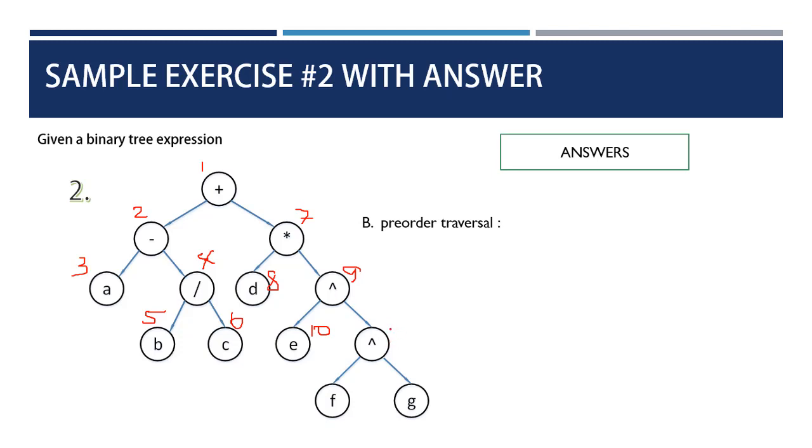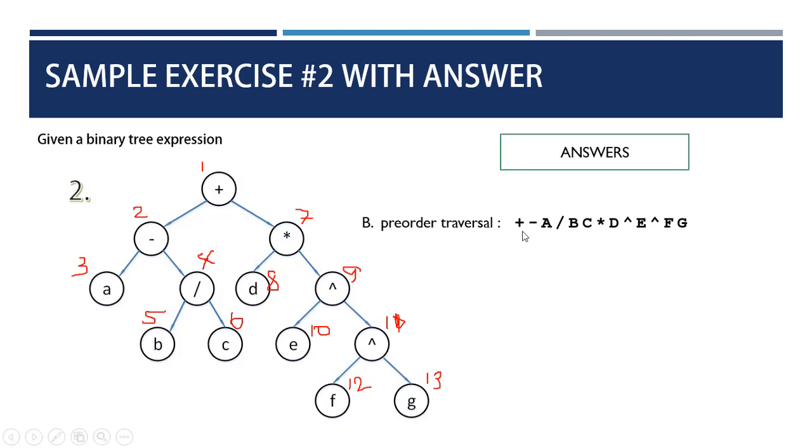On the right subtree, you have another subtree. So visit the root, traverse from the left. Oh, rather, this is 11. Sorry. Then this is 12, then this is 13. So let's check if our answer is correct.